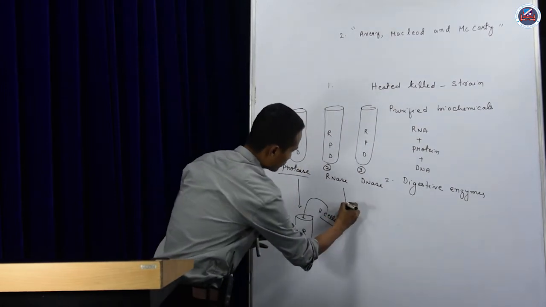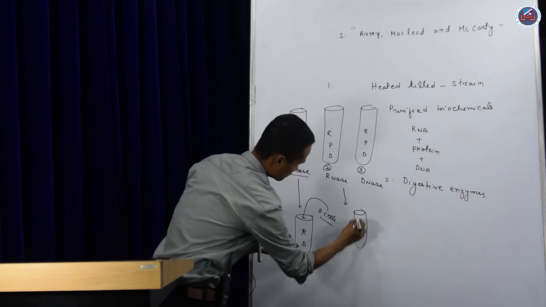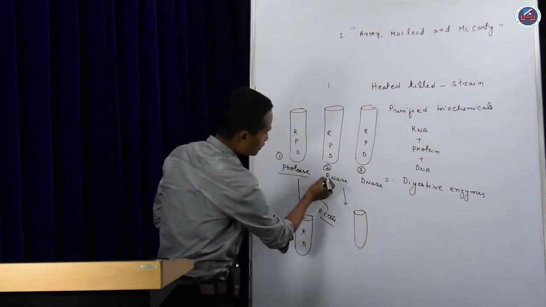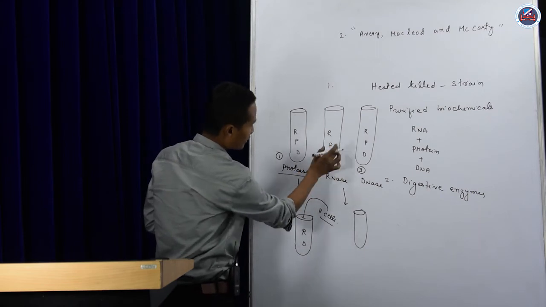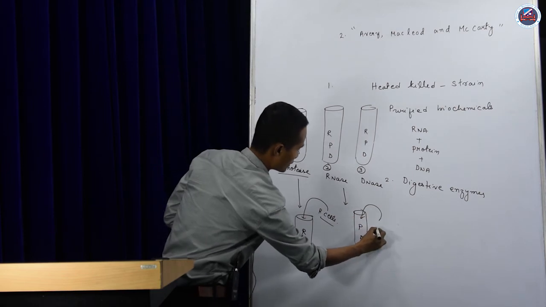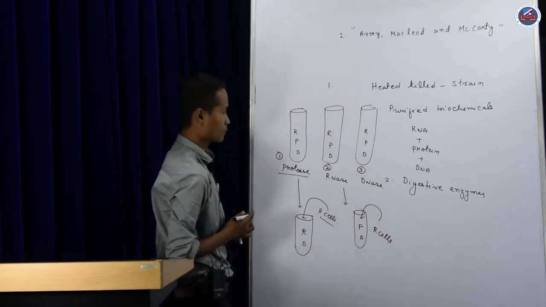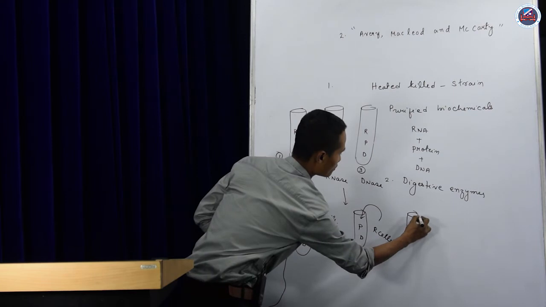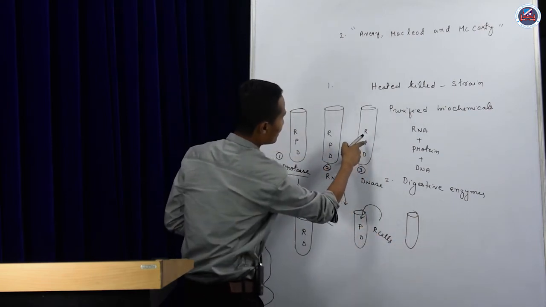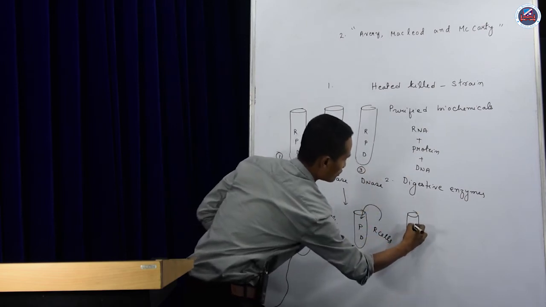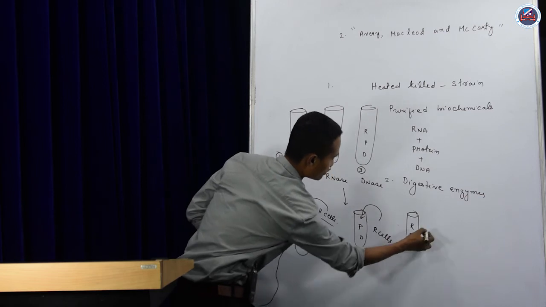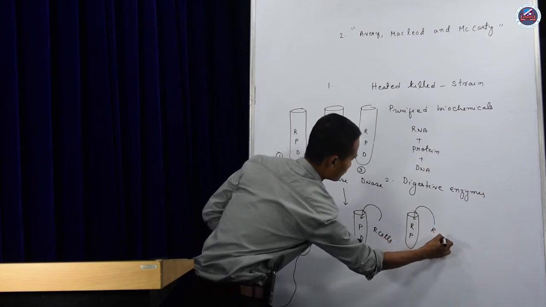Same thing here: since RNA is degraded, there will be only protein and DNA. So here also you will add R cells. In the third test tube there is no DNA, so there will be only your RNA and protein. So here also you are going to add R cells.